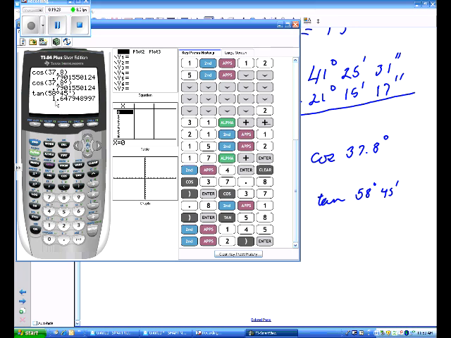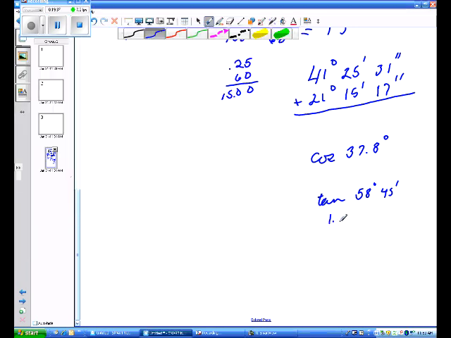So if we were doing this one, we have 1.6479. The 9 is in our 4th decimal place. We look at the next digit, which is a 4. So this would stay 1.6479.